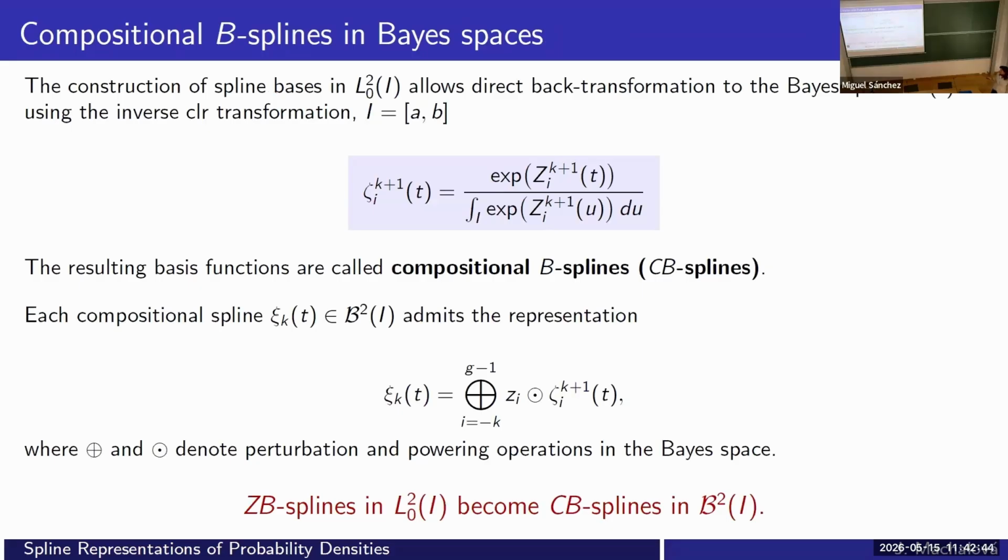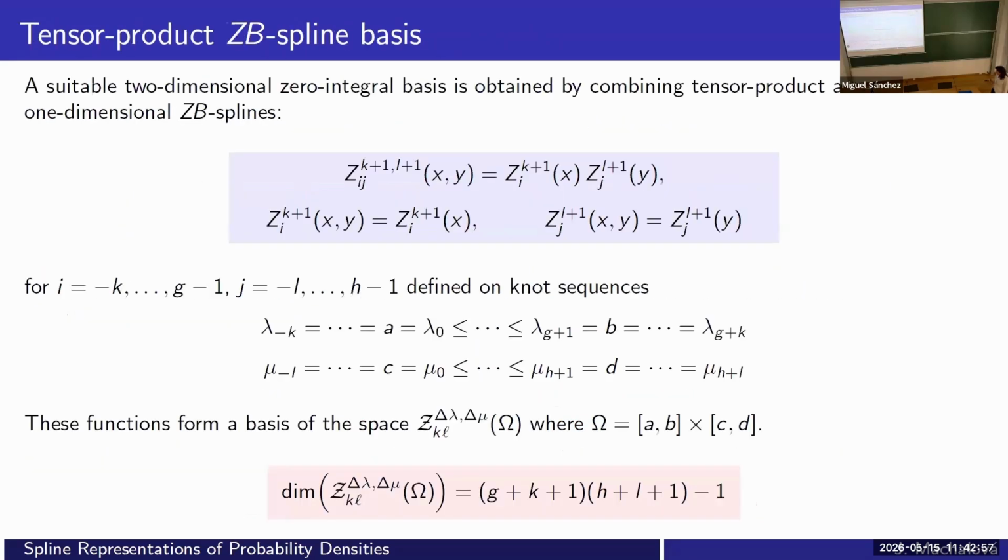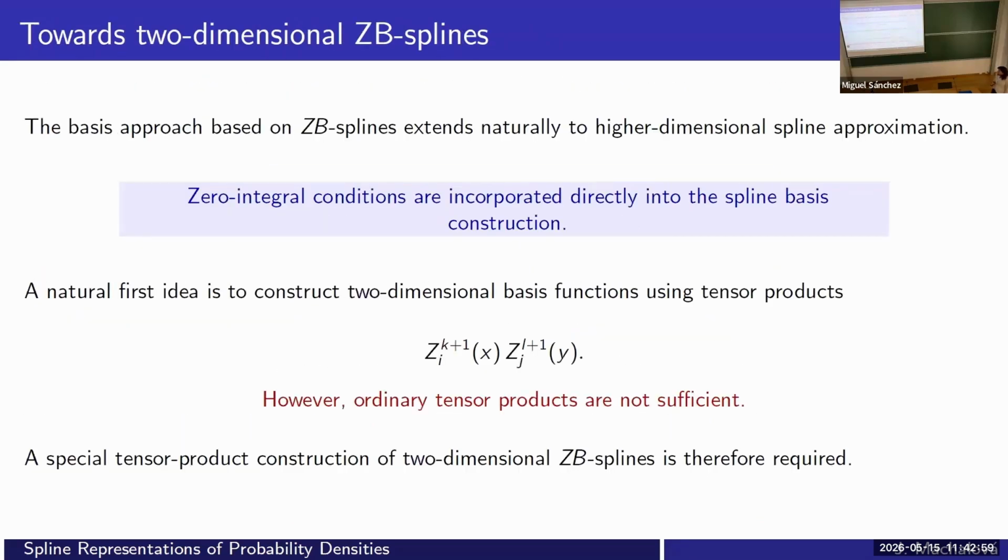And then we are able to represent the compositional spline in Bayes space by perturbation and powering by this expression. So this approach leads us to use naturally basis functions which have integral equal to 0, so we don't have to add some additional constraint.